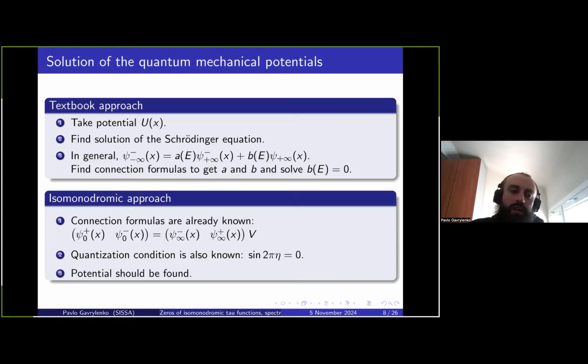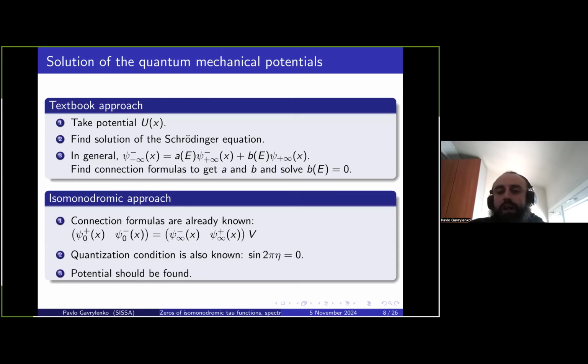Let me remind how it usually works in quantum mechanics. Usually we have some potential u of x, then we just try to solve the Schrödinger equation with this potential. It usually has two solutions. We choose that solution which decays on one infinity, for example, on minus infinity, so that it is some L2 function.